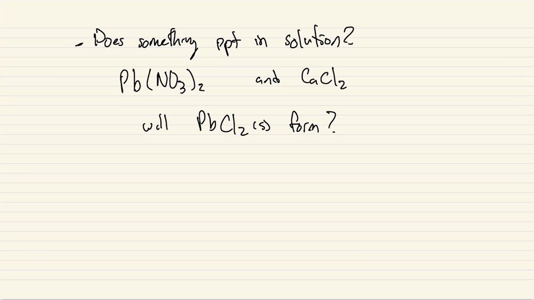This is another thing that we could use our solubility product to determine. And so how would we approach this problem? If I gave you some amount of lead nitrate and some amount of calcium chloride, how would you decide if lead chloride forms? What else would you need to be given here?